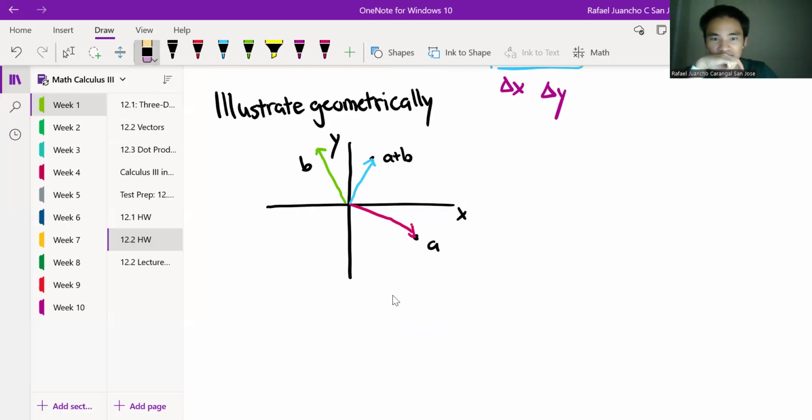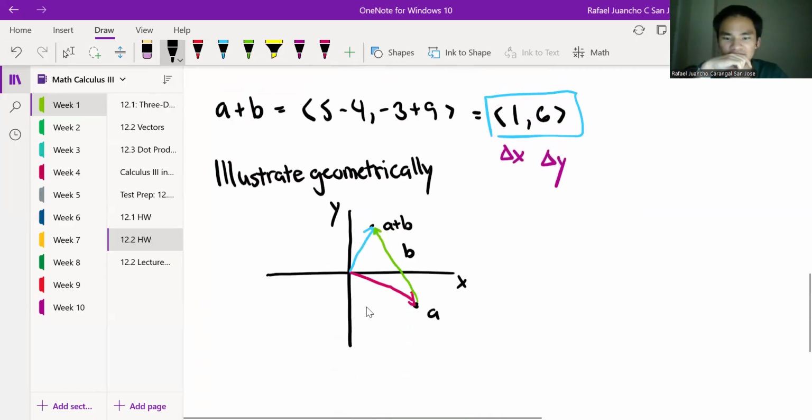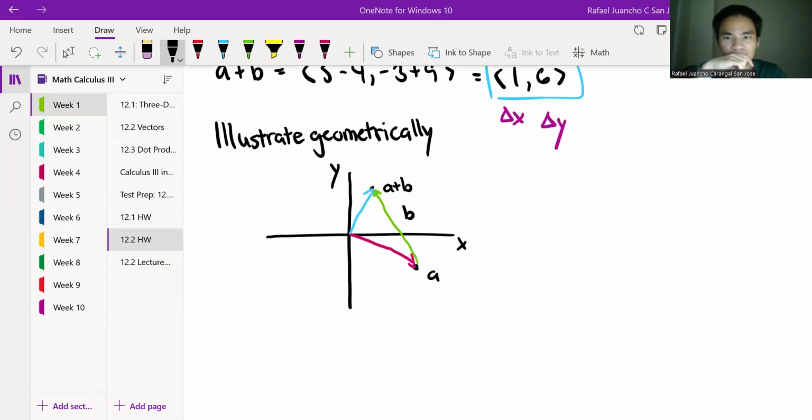Yeah, this should be here. So this should be B. We'll see, but yeah, I think it should be that though.